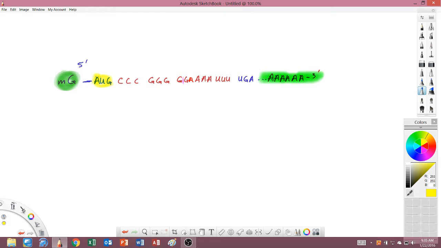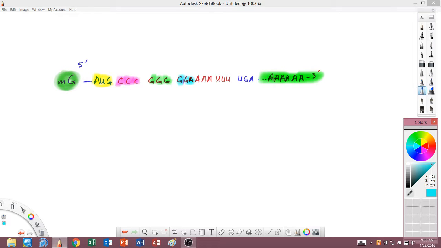Right after that, as soon as you reach AUG in the mature mRNA, because each codon is 3 nucleotides, you choose 3 nucleotides at a time, and this is another codon. This is another codon. And this is another codon. I choose a different color for this.